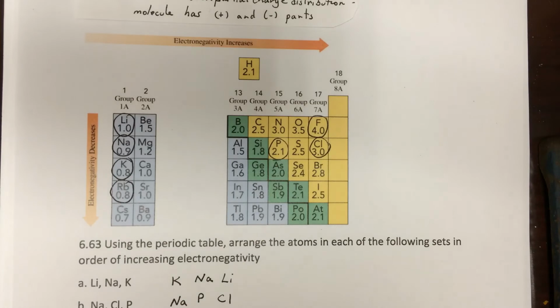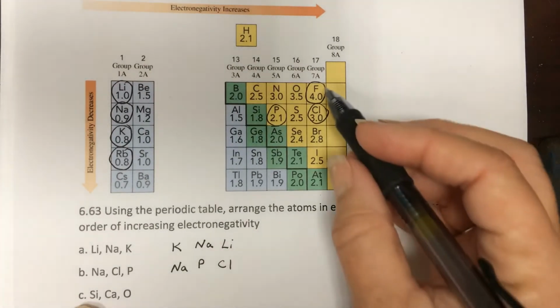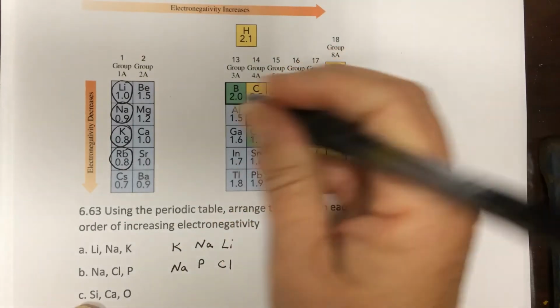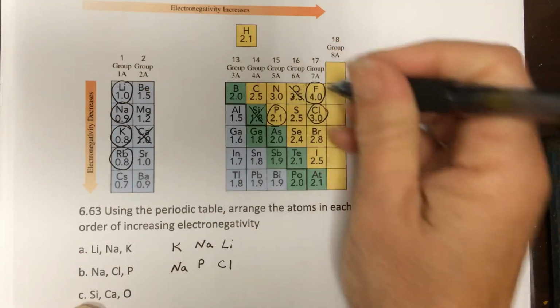For this last grouping, we've got silicon, calcium, and oxygen. They're not in a row or column, but kind of go across. We've got silicon right here, calcium here, and oxygen.